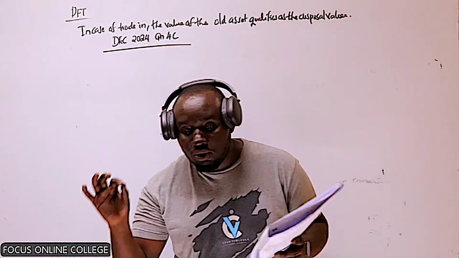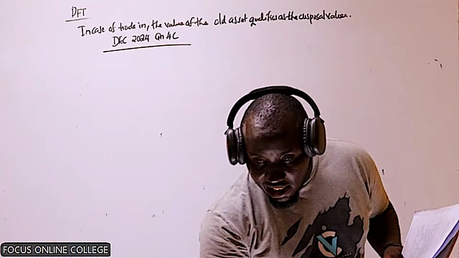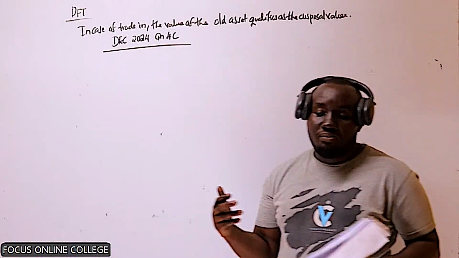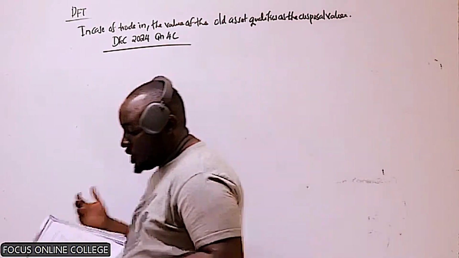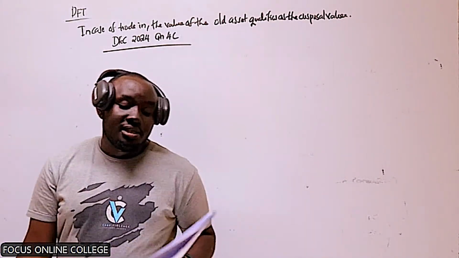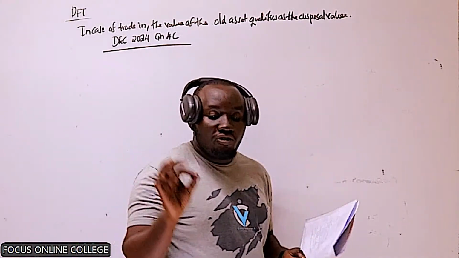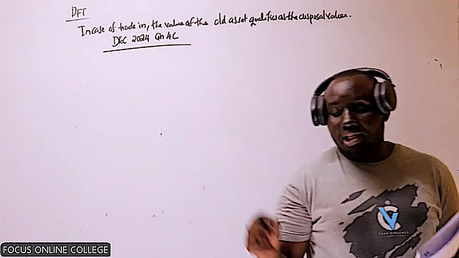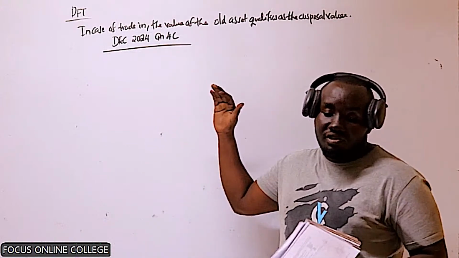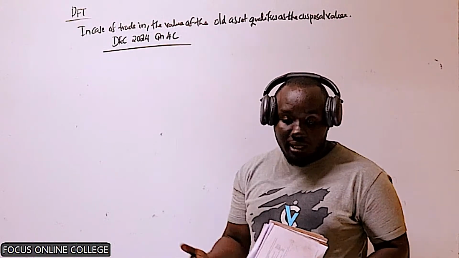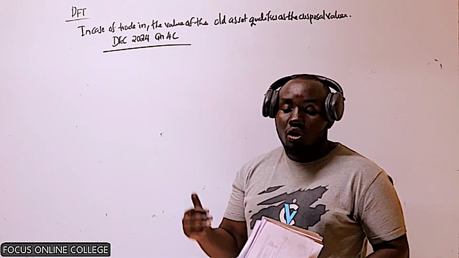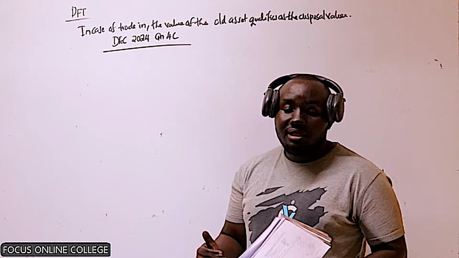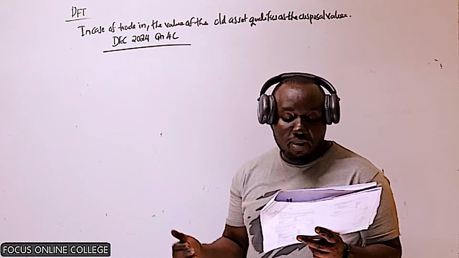Remember this is manufacturing. The second-hand imported machinery qualifies for IG at the rate of 50% in the first year, then 25% on a straight line per annum, that is from the second year on the remaining balance.